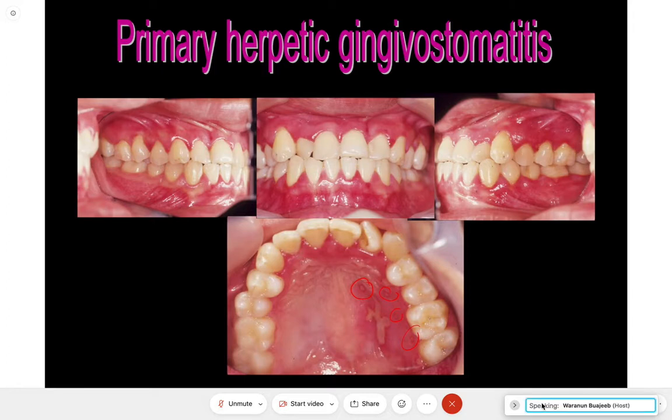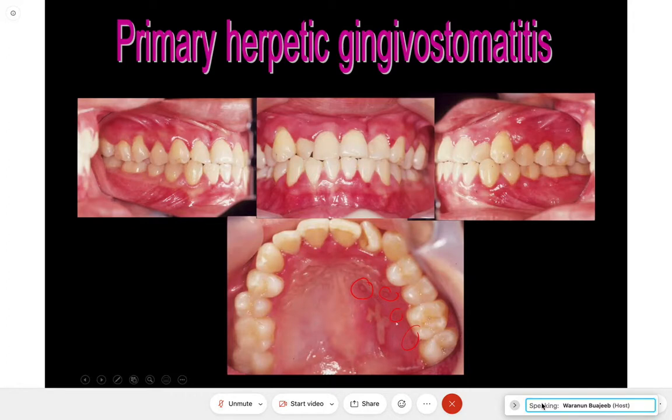So you think about the small vesicle after breaking down can cause something like this: small round ulcer with red margin. So if you notice small round ulcers surrounding the large irregular ulcer, it means the large irregular ulcer most likely occurs from coalescence of small ulcers that occur in crops.